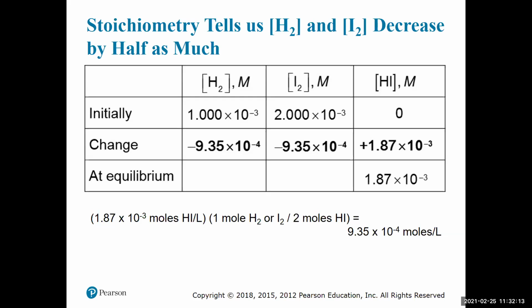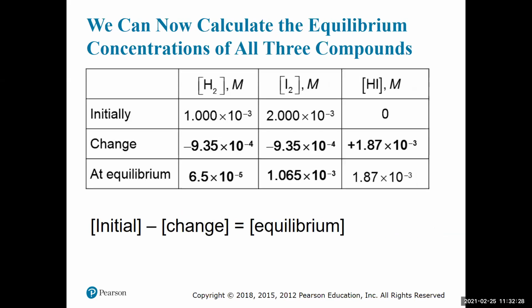Well, I can simply subtract this, right? If it's 1 times 10 to the minus 3, and I use up this 9.35 times 10 to the minus 4, I subtract those, and whatever that number is, I don't know that off the top of my head, 6.5 times 10 to the minus 5, that's my equilibrium concentration for the H2.